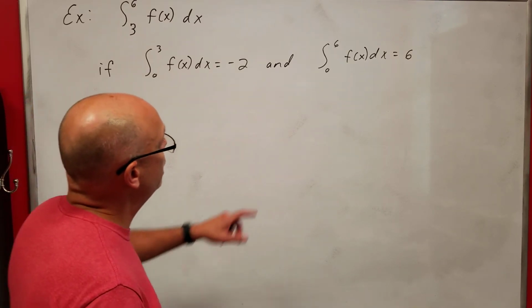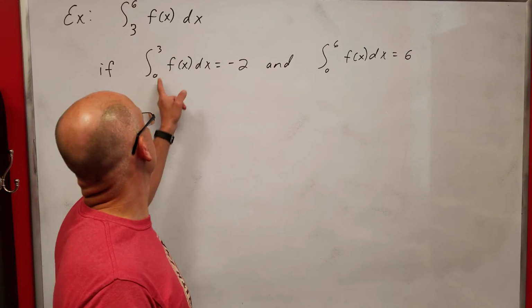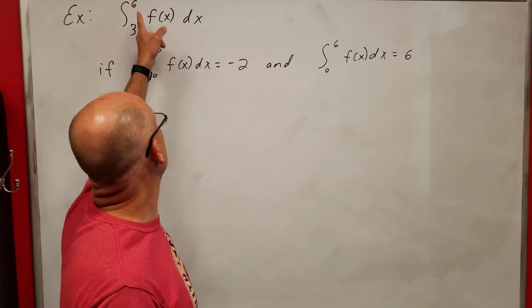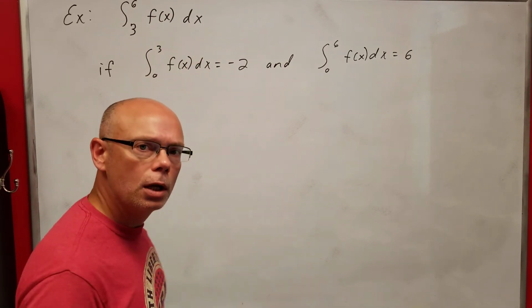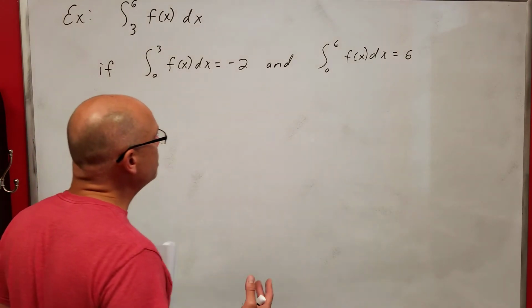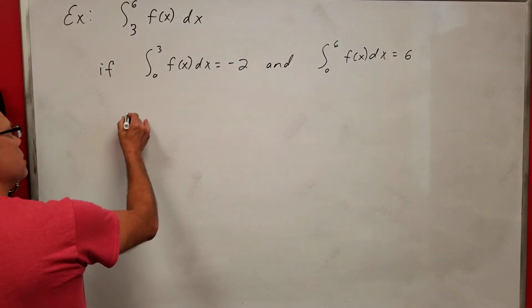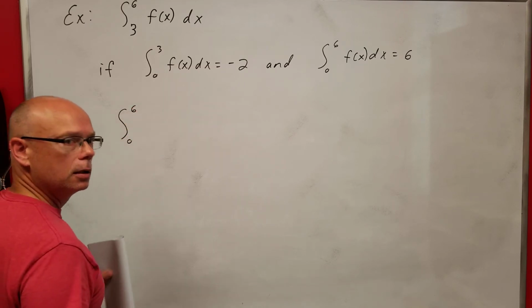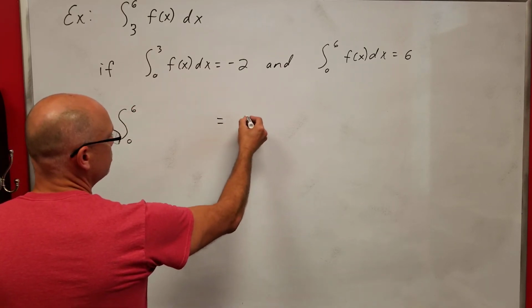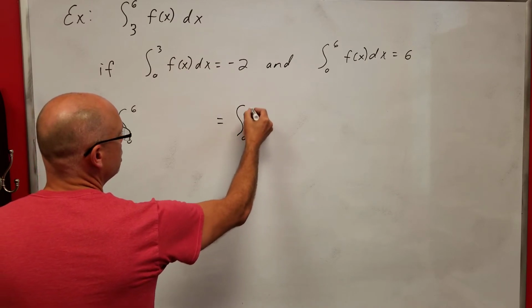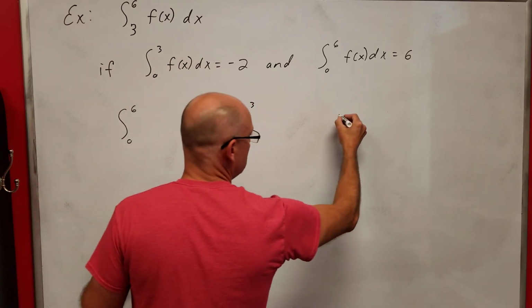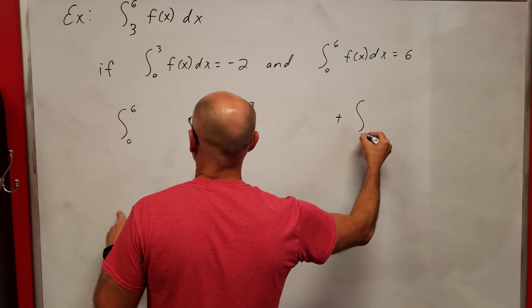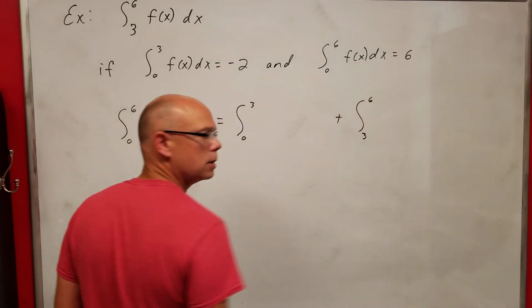Now, what do we have? Integral from 0 to 6, integral from 0 to 3, and integral from 3 to 6. It's your choice. You could break this up in different ways. But what I like to do is I like to say the integral from 0 to 6 is going to be equal to the integral from 0 to 3 plus the integral from 3 to 6.